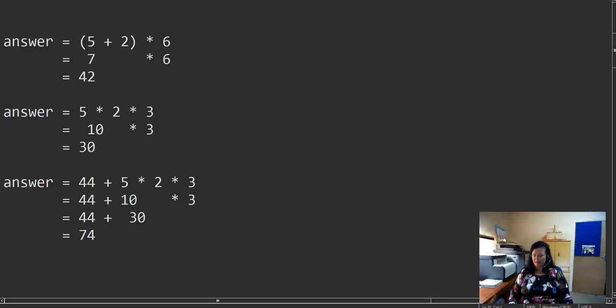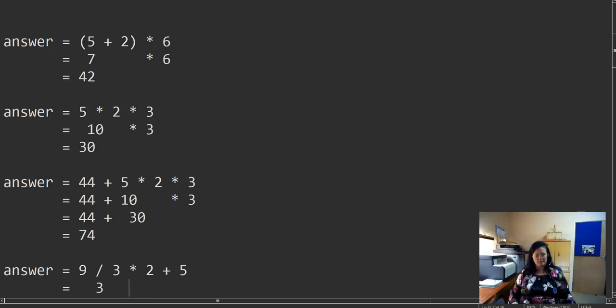Let's take a last example. So let's say I've got answer. It's 9 divided by 3 times 2 plus 5. So what will execute first? It's multiplication and division first from left to right. So 9 divided by 3 would be 3.